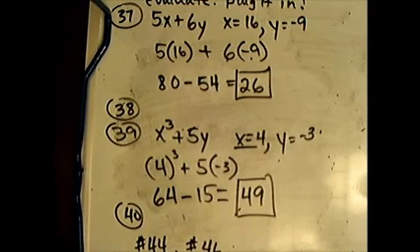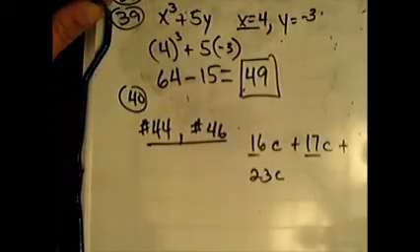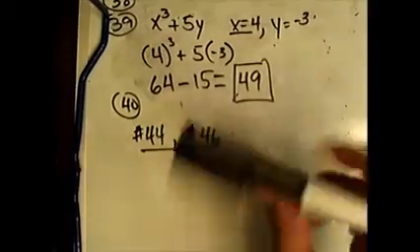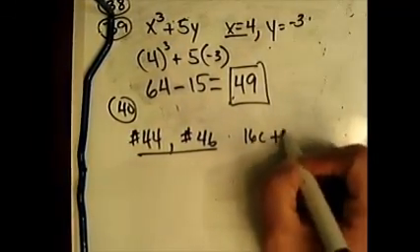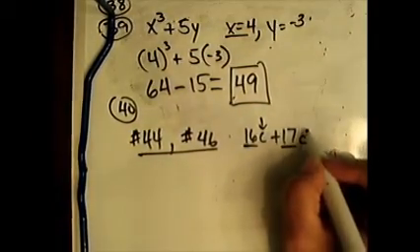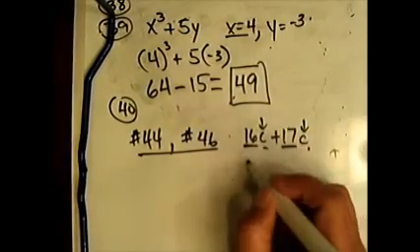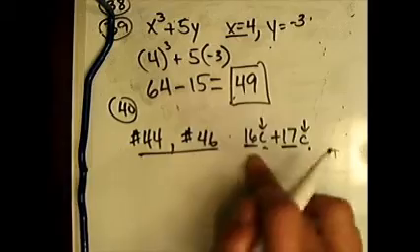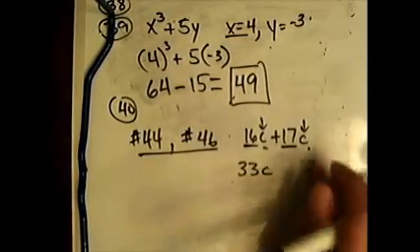If you have a 16c plus a 17c, add these two together because they're like terms. That means these two things are exactly alike. So 16 plus 17, oh, it's not 23. Sorry, it's 33. So that's 33c.